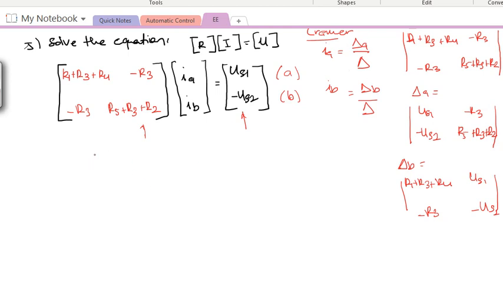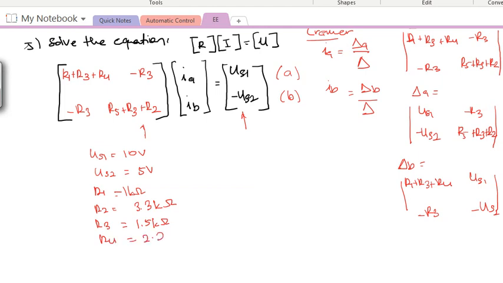So I'll let you try. I'll give an example. If US1 equals 10 volts and US2 equals 5 volts, while R1 equals 1 kilo ohm, R2 equals 3.3 kilo ohm, R3 equals 1.5 kilo ohm, R4 equals 2.2 kilo ohm, and finally R5 equals 4.7 kilo ohm, this will result in IA equals 2.06 milliampere, and the result for IB will be minus 0.2 milliampere, right?